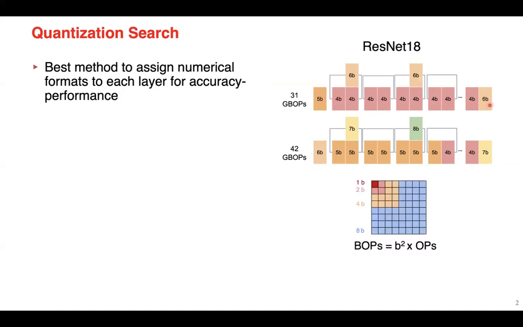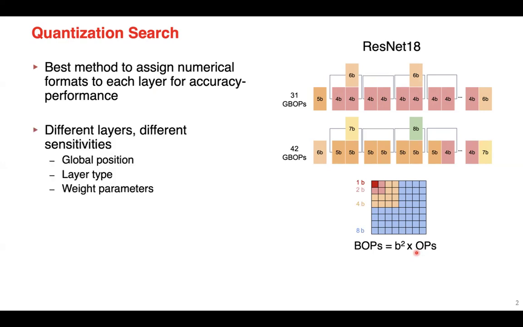To get a nice proxy for performance during these searches, we use BOPs, which are the binary operations. To calculate the BOPs, you take the number of bits within each layer, square it, and then multiply it by the number of operations in that layer. This proxy tracks particularly well for power and area necessary for these networks.